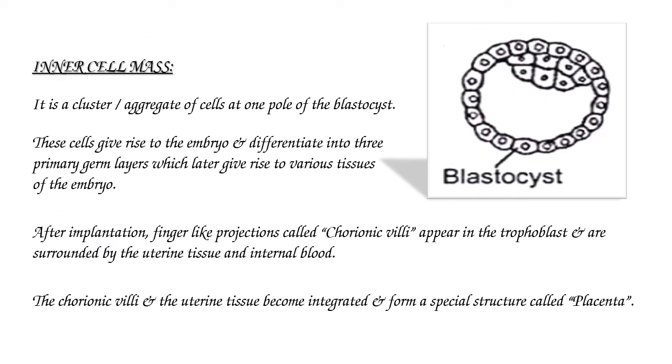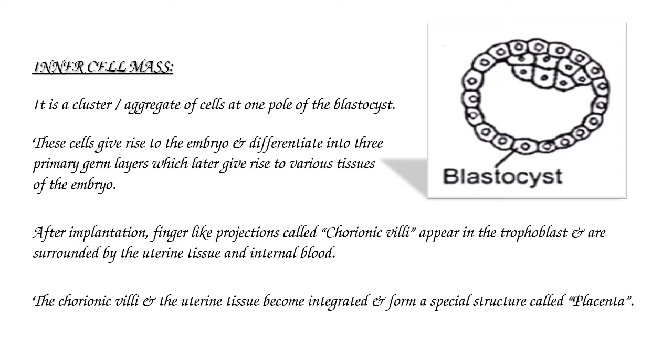The next part of the blastocyst is the inner cell mass. It is a cluster or aggregate of cells at one pole, or one end, of the blastocyst. These cells give rise to the embryo and differentiate into three primary germ layers, which later give rise to various tissues of the embryo.